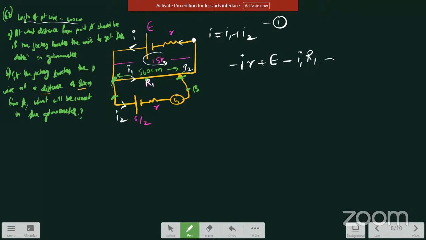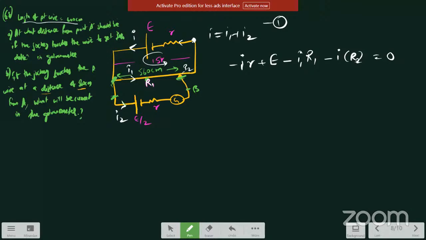We are going in the current direction, so minus I into R2, and we are closed.